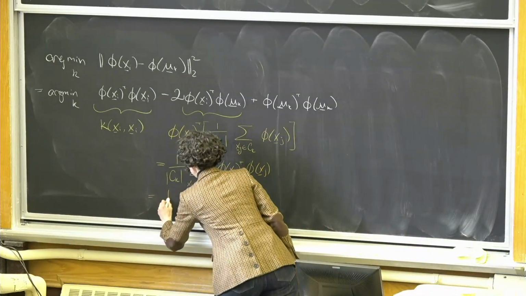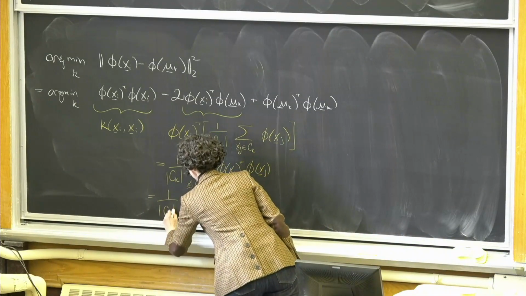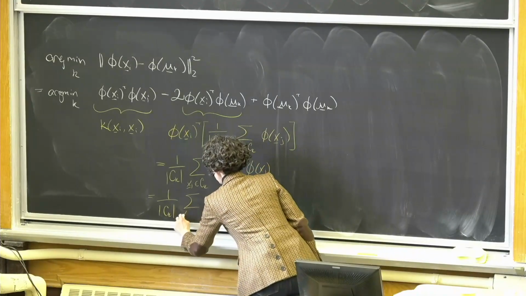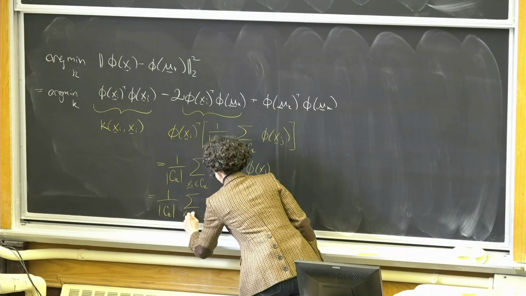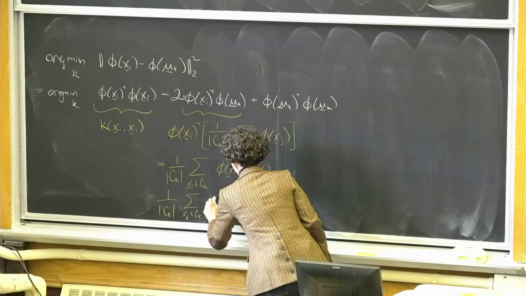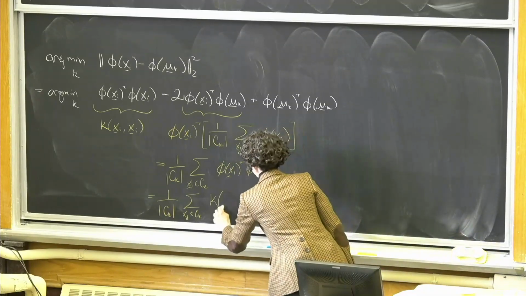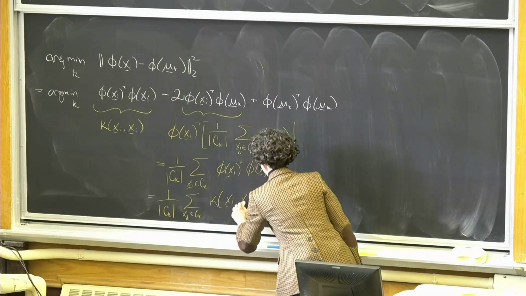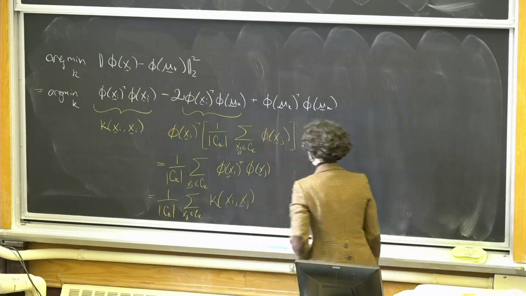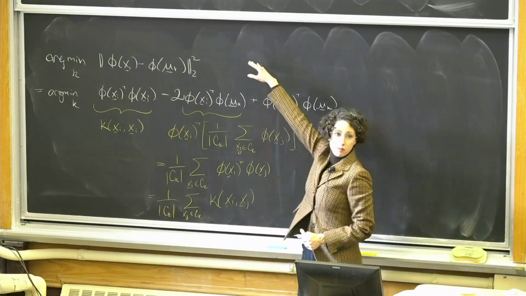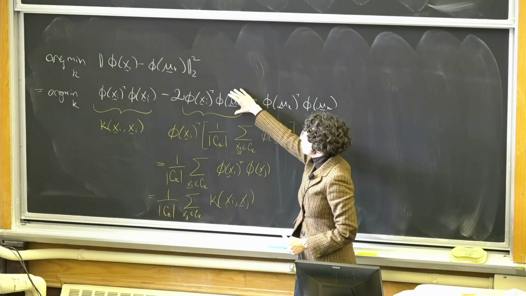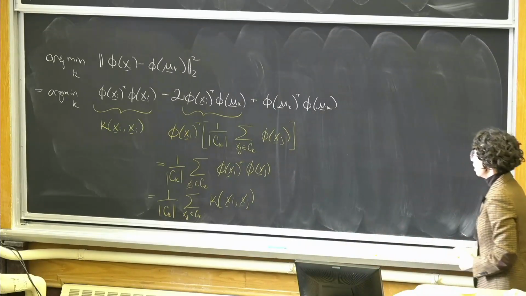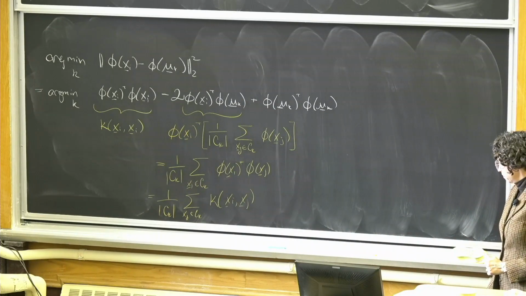So this is simply 1 over the size of the cluster, sum over all the samples xj in the cluster of my kernel function applied to xi and xj. So in this thing I'm trying to minimize, I can also express the second term using my kernel function.